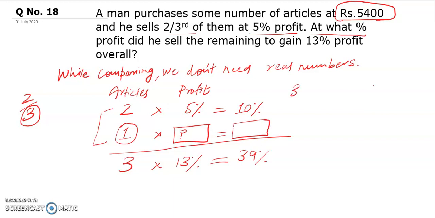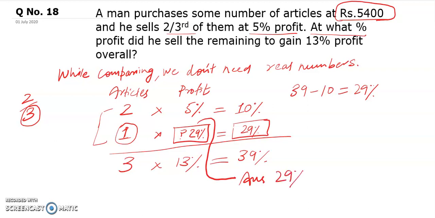We will subtract 10 from 39. 39 minus 10 will give us 29%. 10 plus 29 will give us overall 39% profit. Now you can see here the value is 1, so 1 into dash will give us 29%. 1 into 29 will give us 29%. So our answer is 29%. In this way we can directly find the answer.